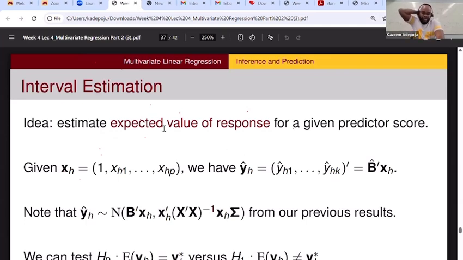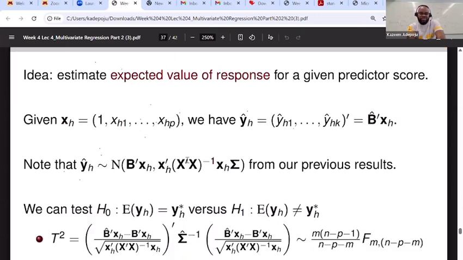If we want an interval estimation, we want to estimate the expected value of the response for a given predictor score, for the explanatory variable. That follows a normal distribution with this as the mean and this as the variance. Since we know the distribution, the mean, and the variance, we can conduct hypothesis testing about it.